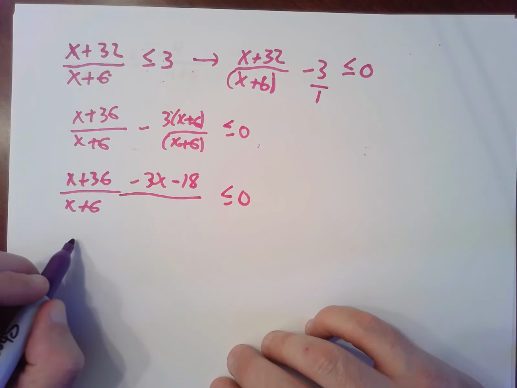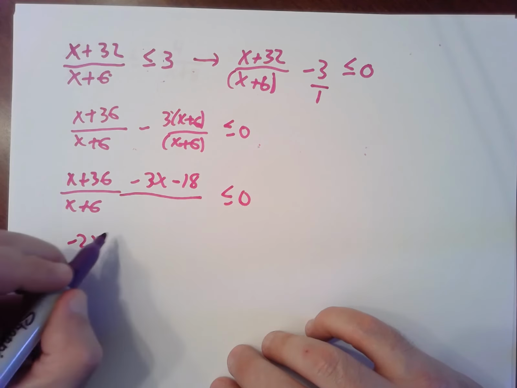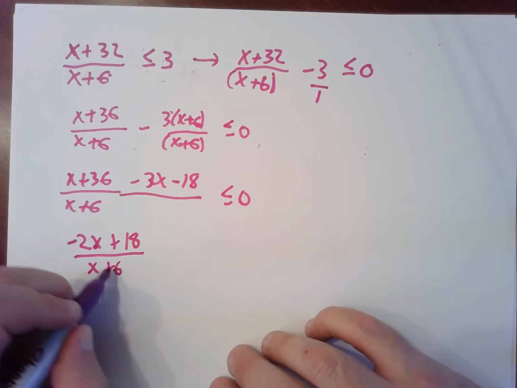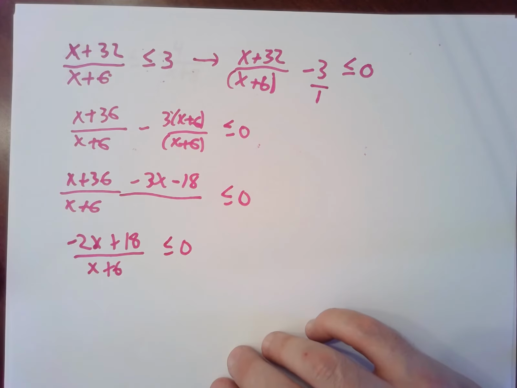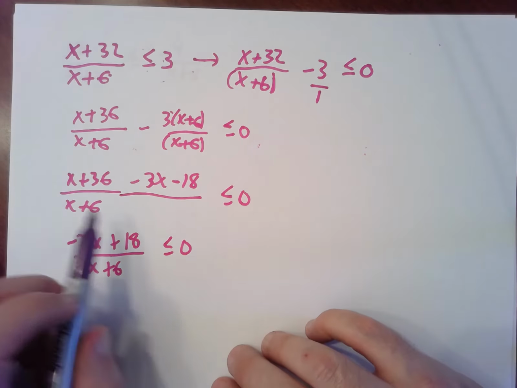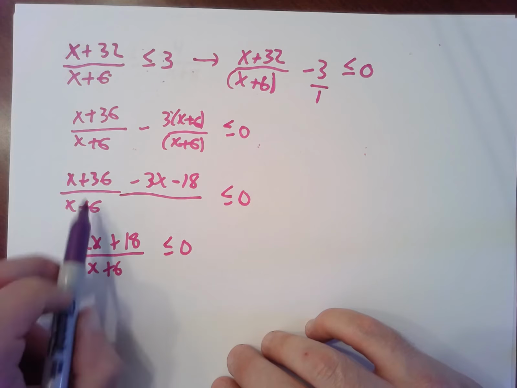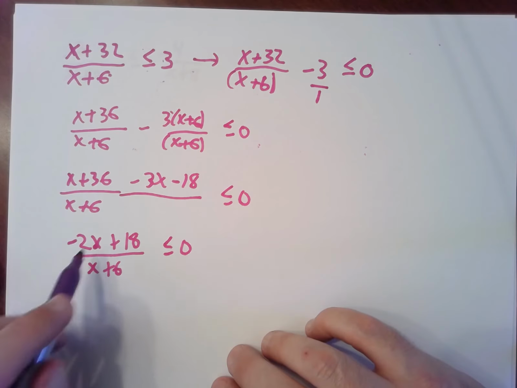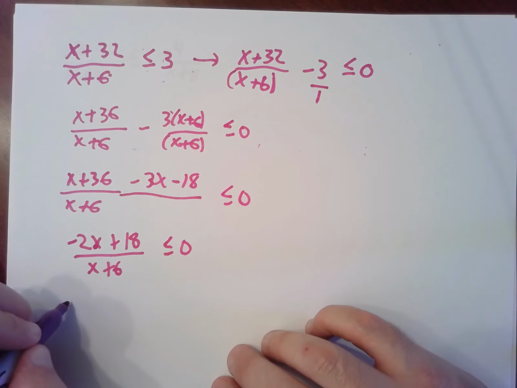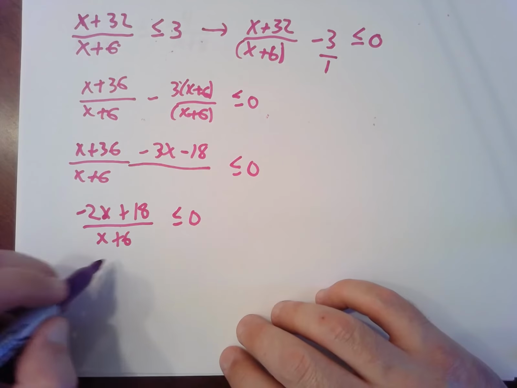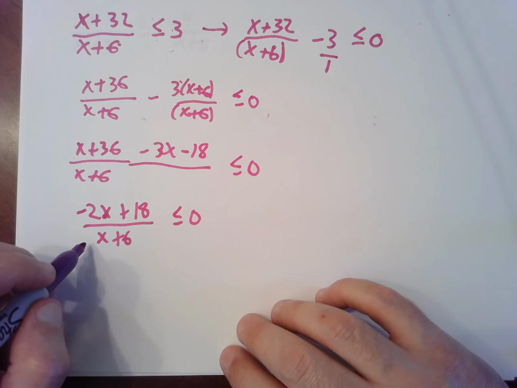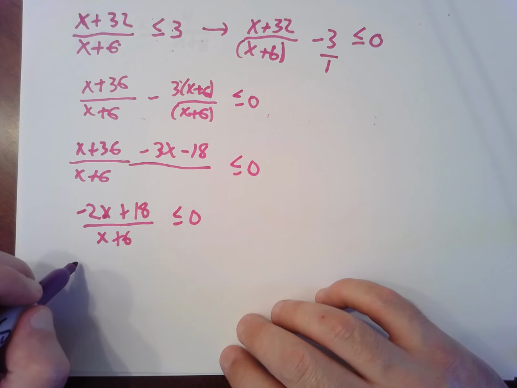Okay, so we end up with negative 2x plus 18 over x plus 6 less than or equal to 0. X minus 3x is negative 2x. 36 minus 18 is positive 18. Okay, now I factor. The only thing I can do here is factor that negative 2 out of the top. Yeah, let's just factor a 2 out.